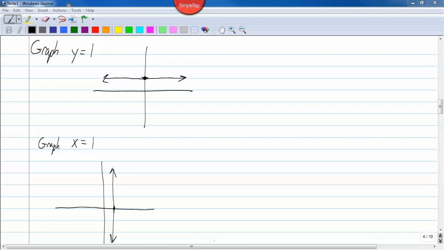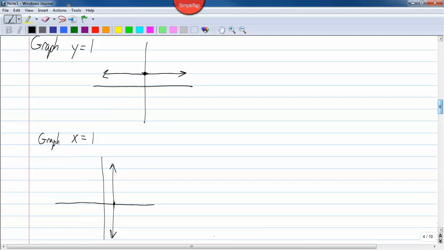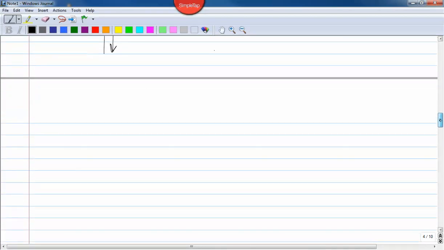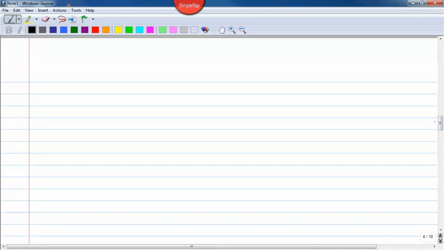All right. Now, let's look at the general form of the equation of a line.